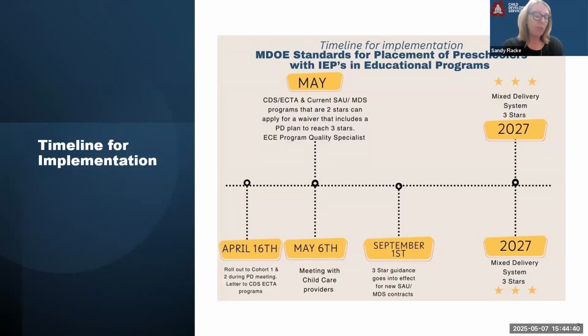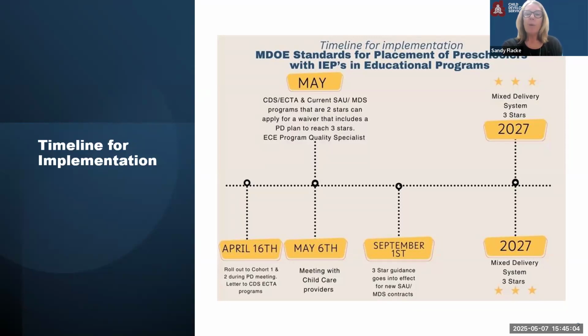We invited all childcare providers in the state of Maine to a webinar and provided this information as well. So really what this talks about is that if a school district or CDS is working with a program that is 2 stars, we have a very generous timeline of 2 years.